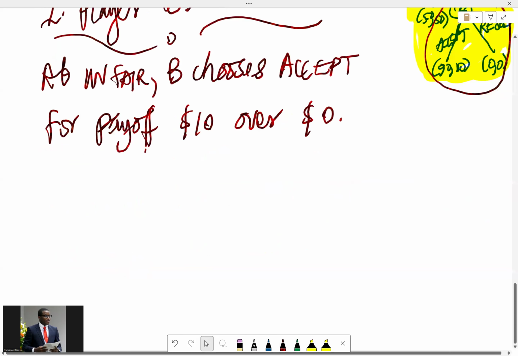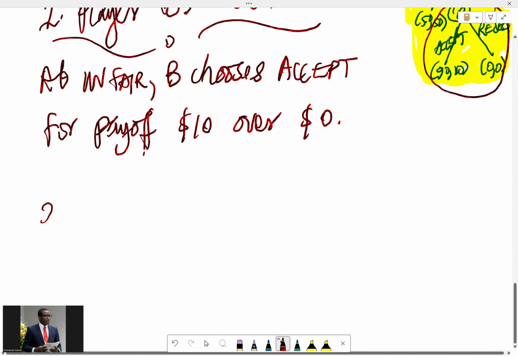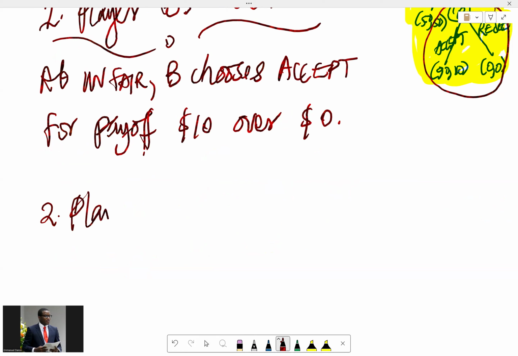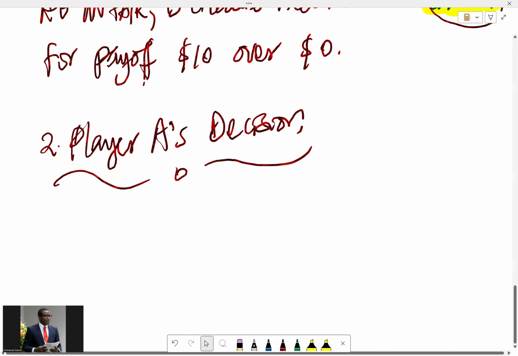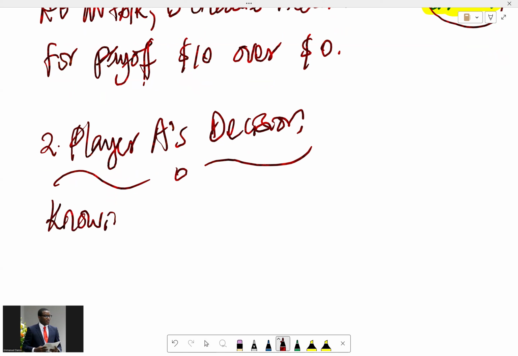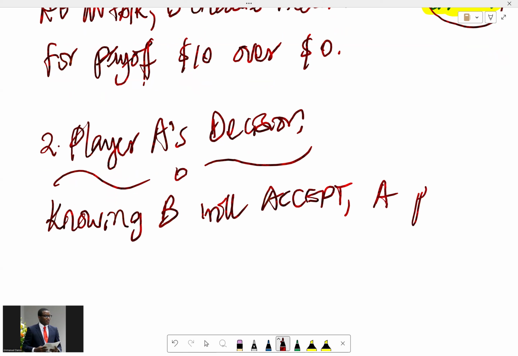Then the second thing is this. What will be player A's decision now? Player A's decision will be such that, knowing that B would rather go home with $10 than go home with nothing, what do you think player A is going to do? Knowing B will accept, A would rather prefer the best option.